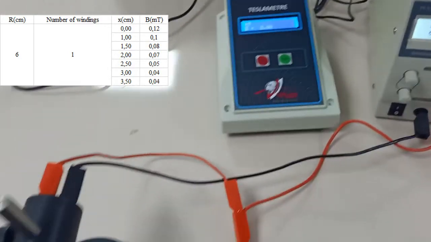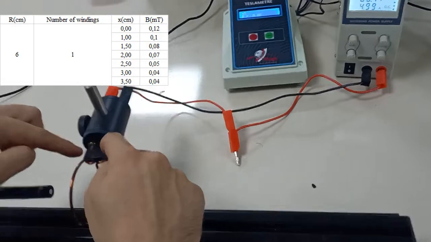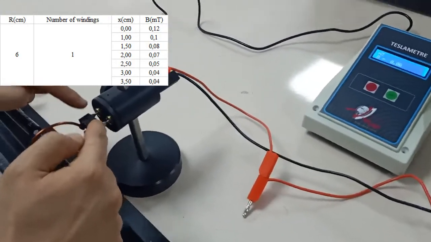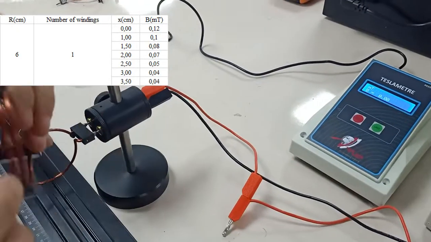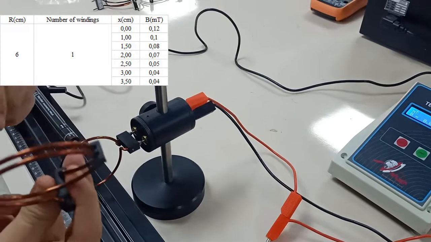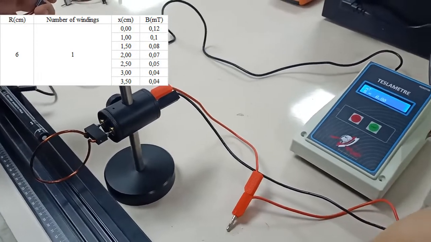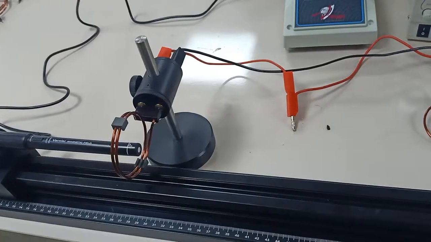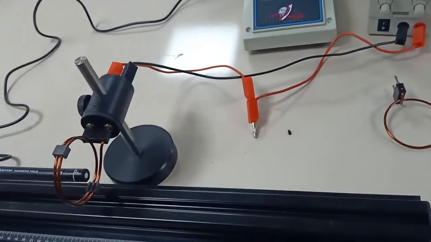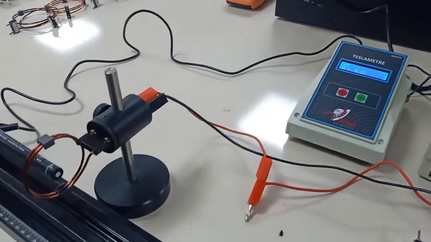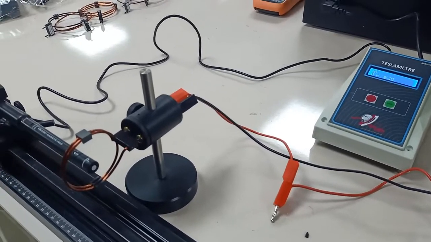Now I will change the wire, and I will use the one with the number of windings 2. Now I will repeat the experiment with the number of windings 2 wire.